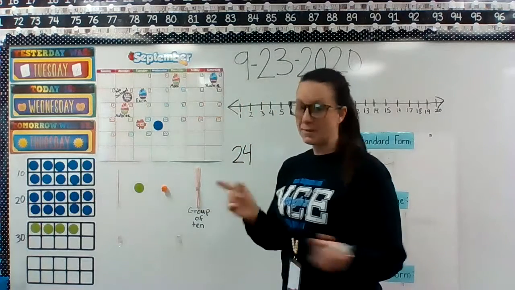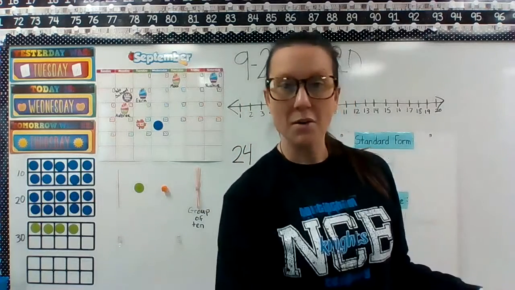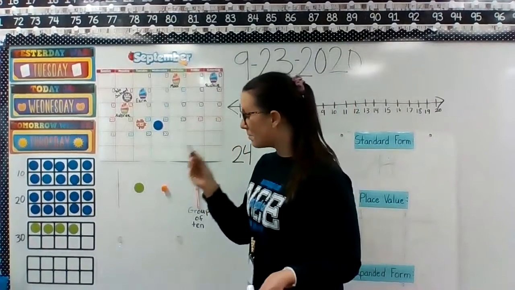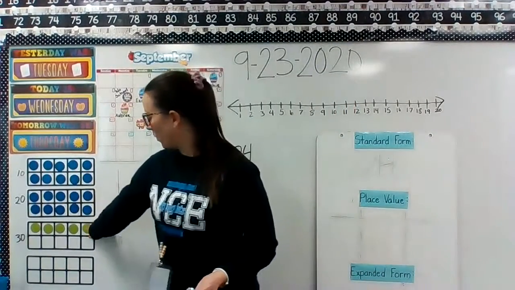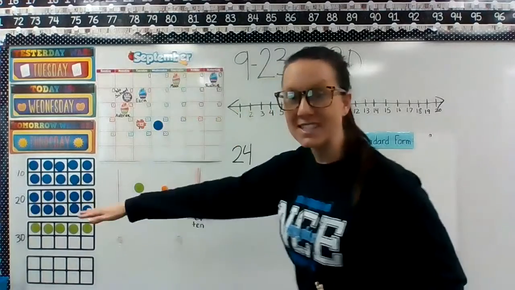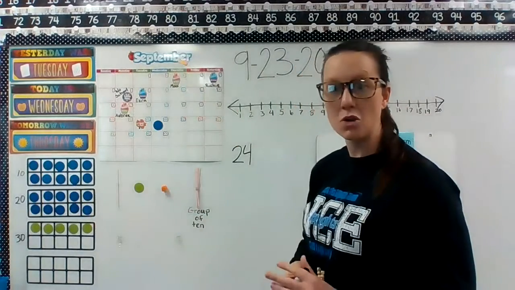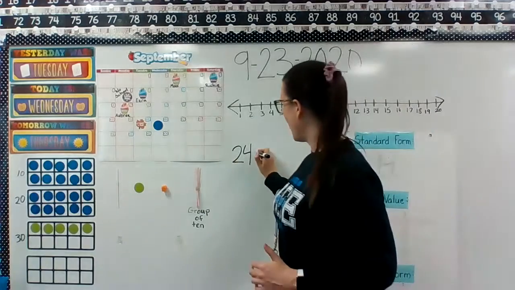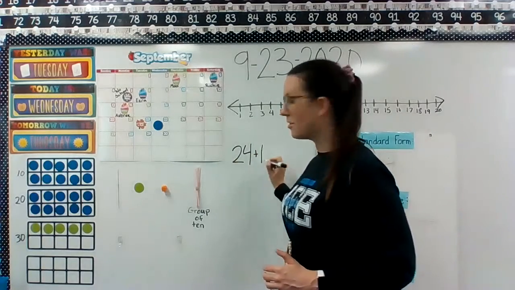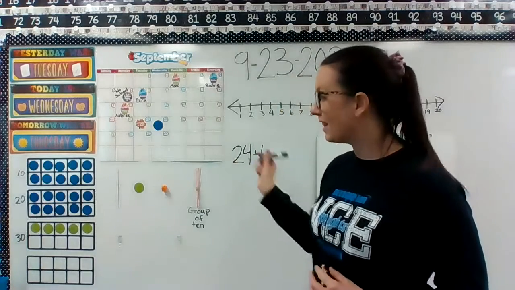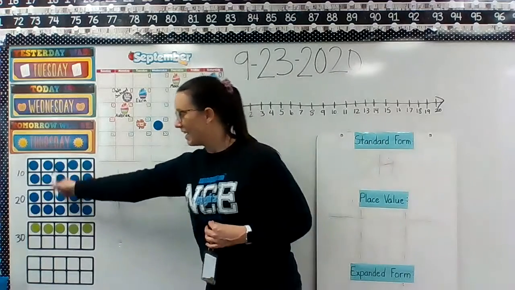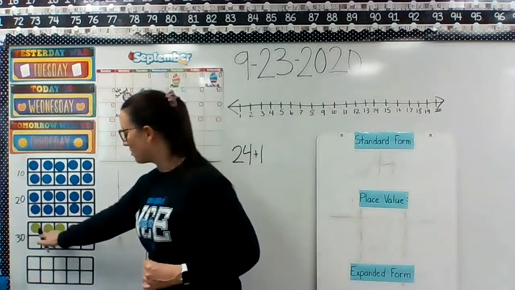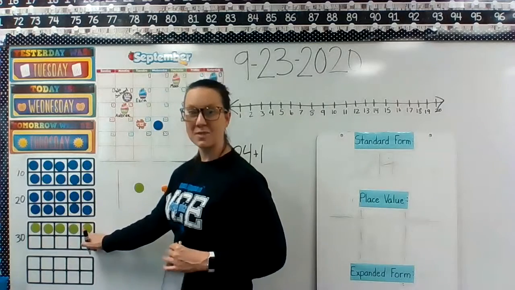Now, that was yesterday. And we know that if that was yesterday, we need to add one more counter. Ooh. So we filled up that top row of the new 10 frame. So 24, and we added one more, right? 24 plus one more equals 10, 20, 21, 22, 23, 24, 25.